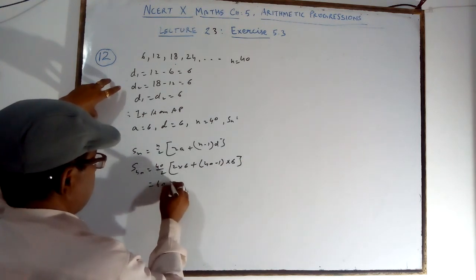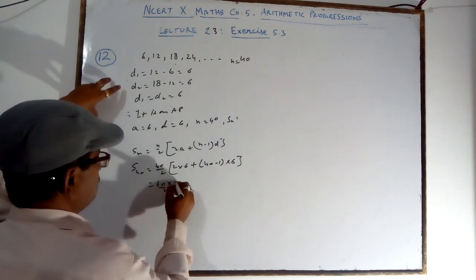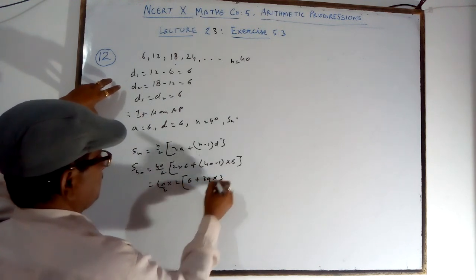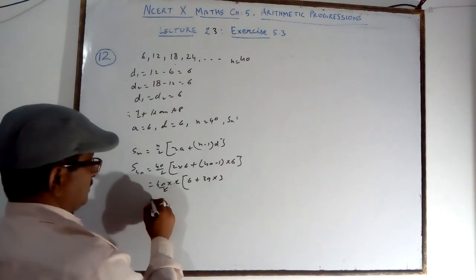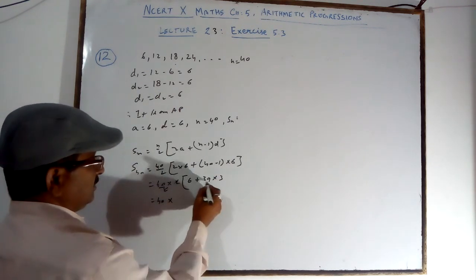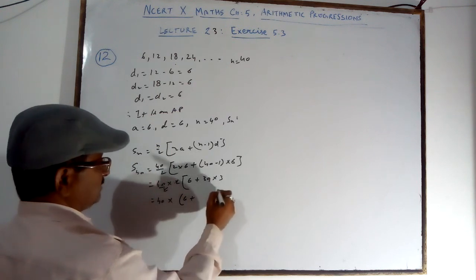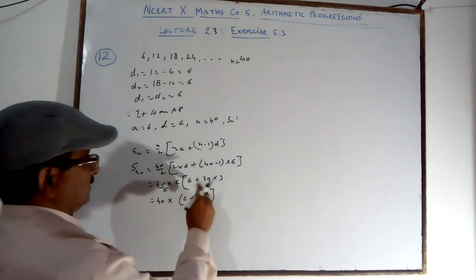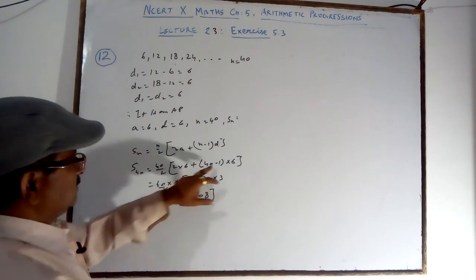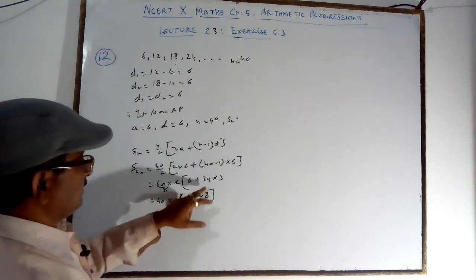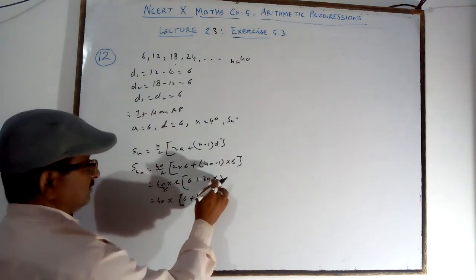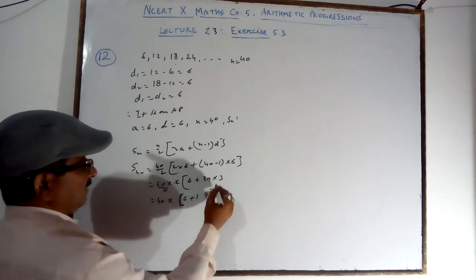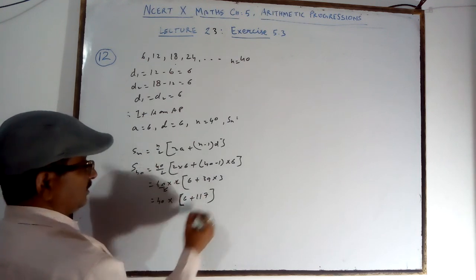You can take 2 common, so 6 plus 39 into 3, because 2 threes are 6, and the 2 and 2 cancel. 40 into 6 plus 39 into 3: 3 nines are 27, 3 threes are 9, and 2 makes 11.